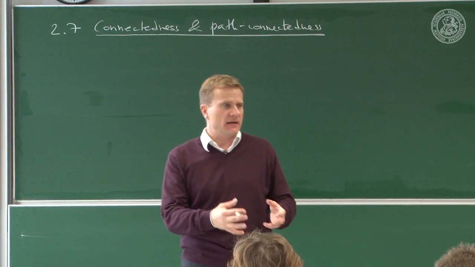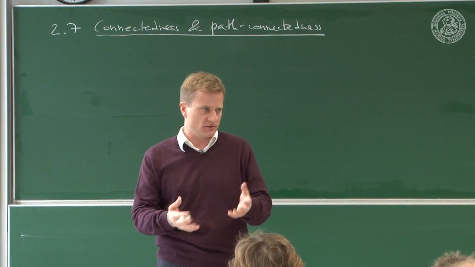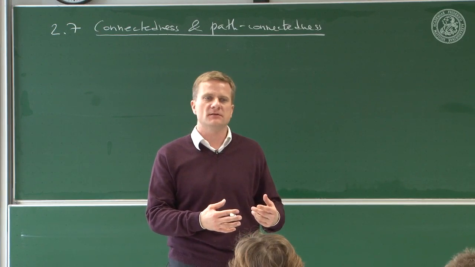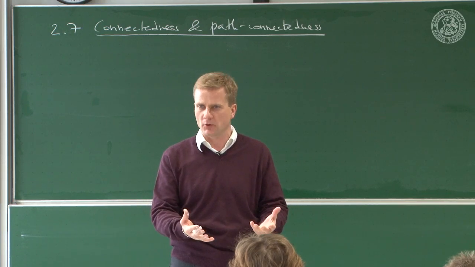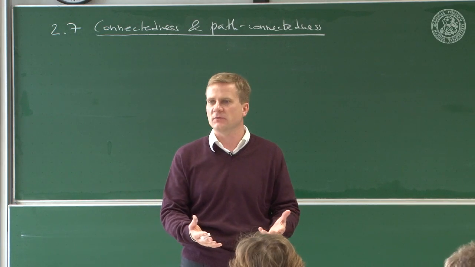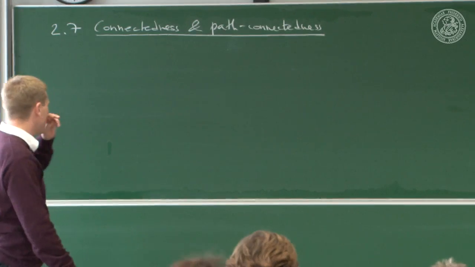Okay? And if a topological space consists of several pieces, in a certain sense to be defined, then you can study the individual pieces. So you decompose your whole space into building blocks, and you understand the space from the building blocks. It's a basic principle that you try to understand things from the building blocks.